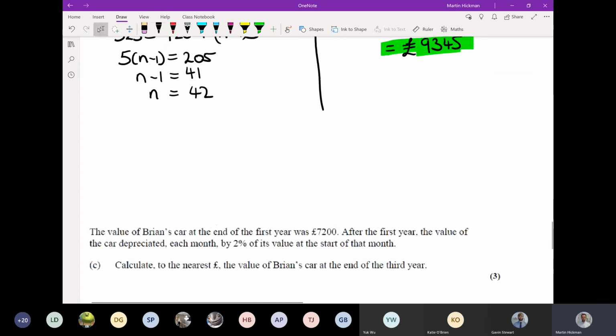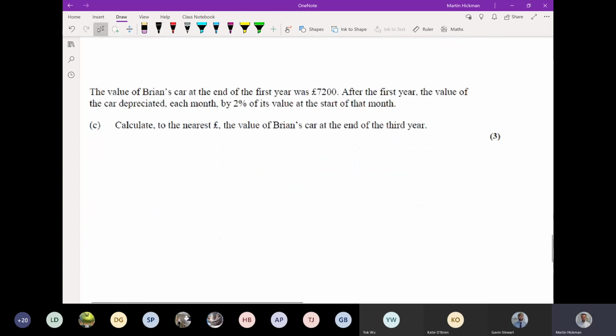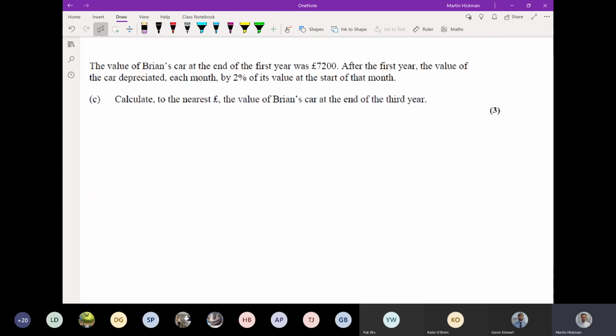The final example then: the value of Brian's car at the end of the first year was £7,200. After the first year, the value of the car depreciated each month by 2% of its value at the start of the month. So what I want to do in chat, this is a geometric sequence, can you write down what is my common ratio in this question?